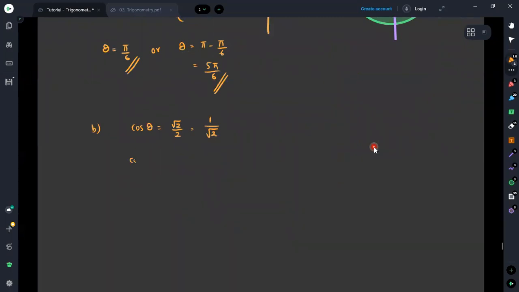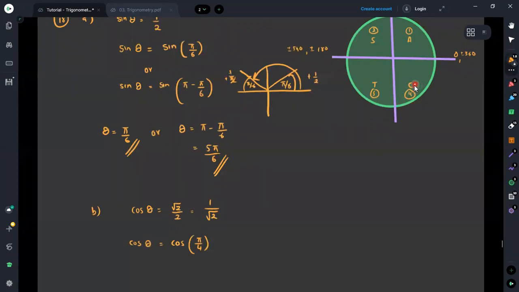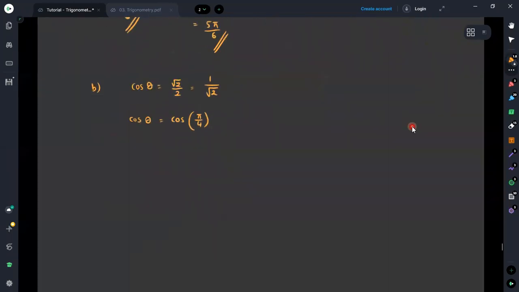We know that the value of cosine π over 4 gives the value 1 over root 2. But it is not the only answer, because cosine will be again positive in the fourth quadrant as well. If you are measuring the angle π over 4 in this direction, or in this direction, we may get the same value.